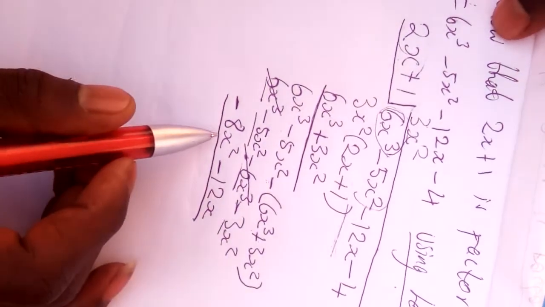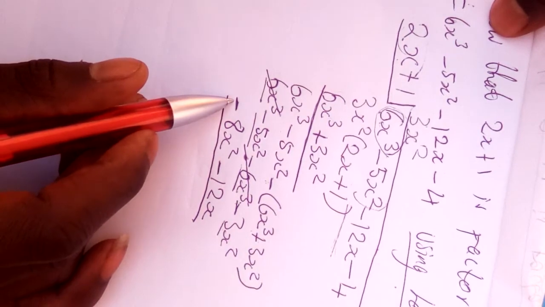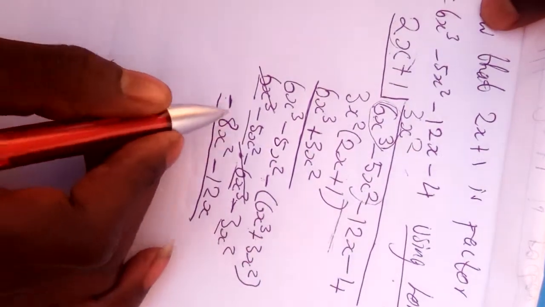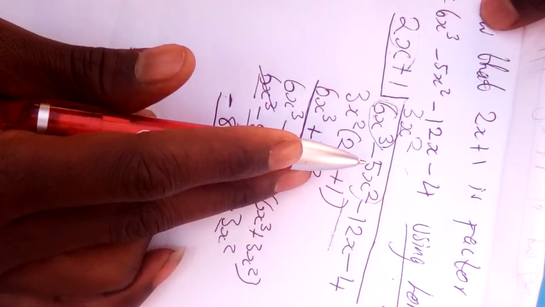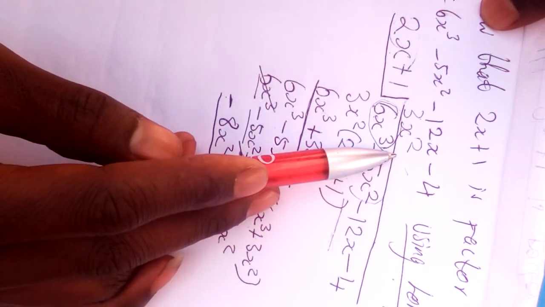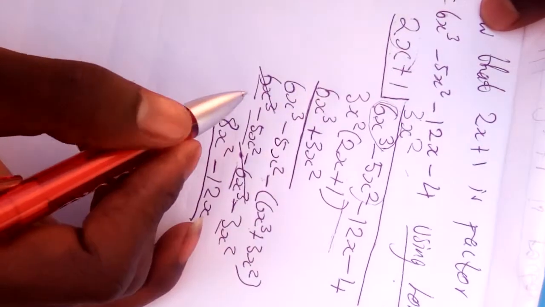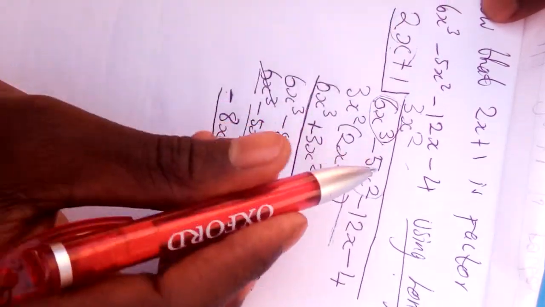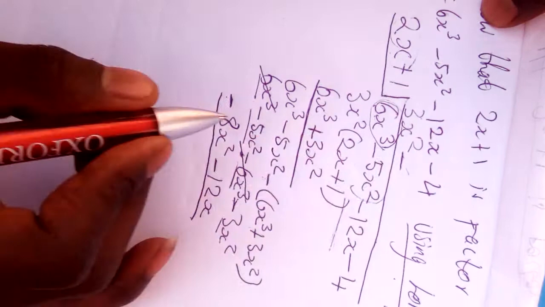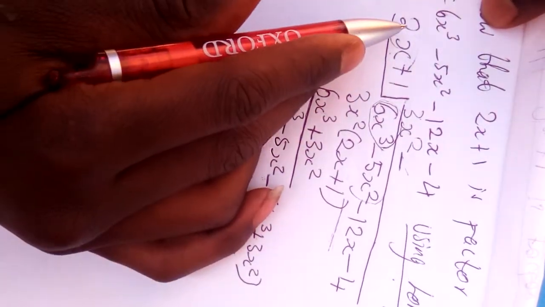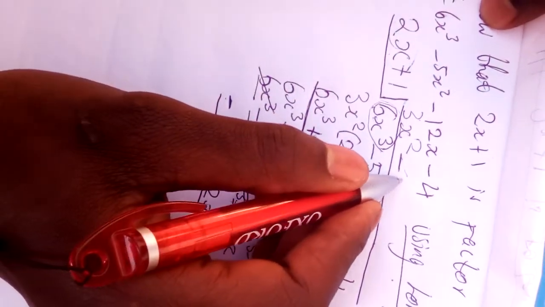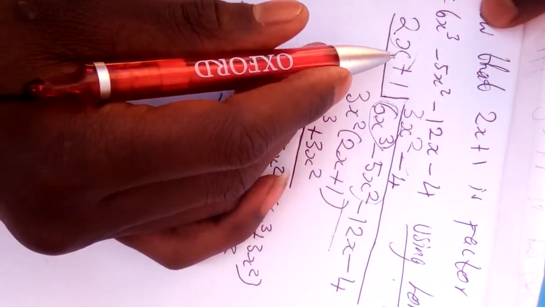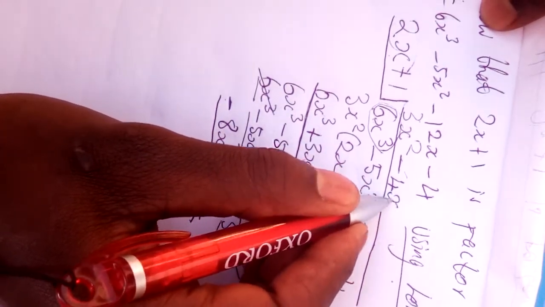Okay, from here we are going to divide negative by positive. It's negative. The answer of this one we write on top because it's a quotient. We write on top of these numbers. Minus divided by positive, it's negative. Then we have 8 divided by 2, it's minus 4, then x squared divided by x, it's x.